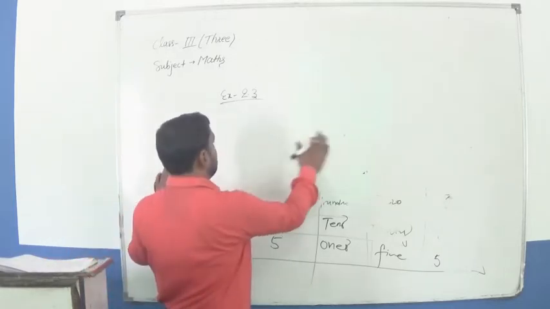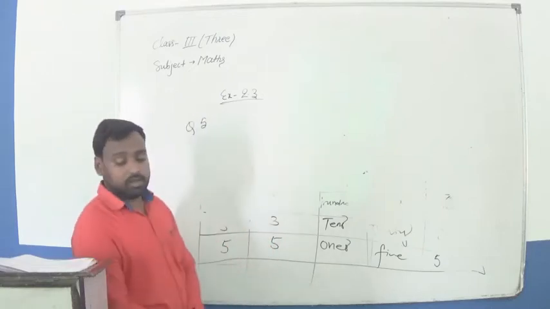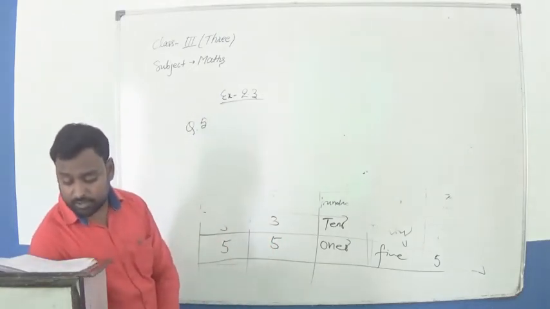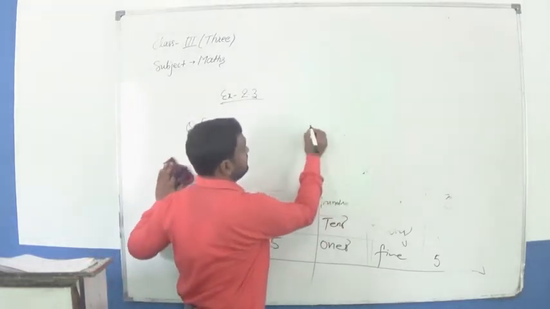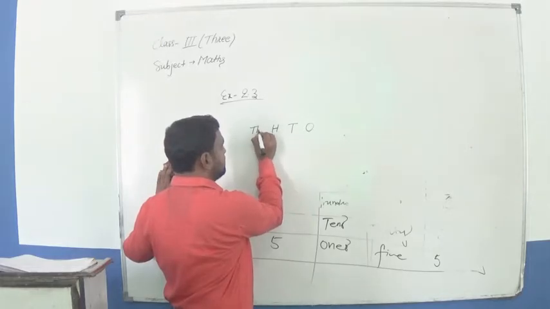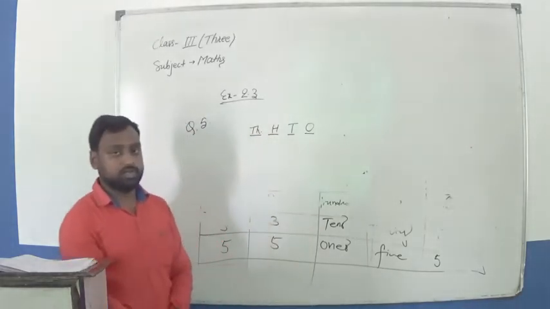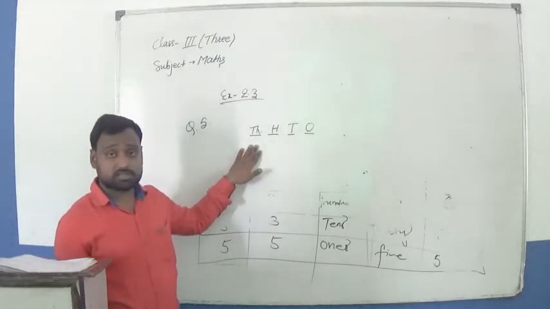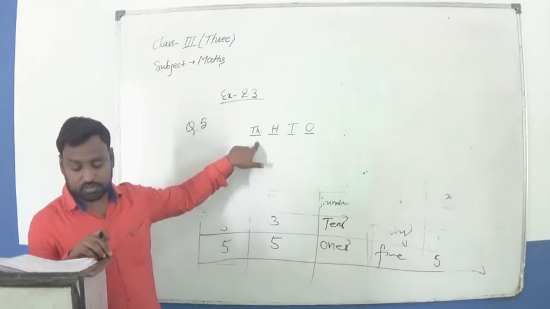See, it is a word problem type question. We write ones, tens, hundreds, thousands, and in this way we arrange the places. Now focus on the question.